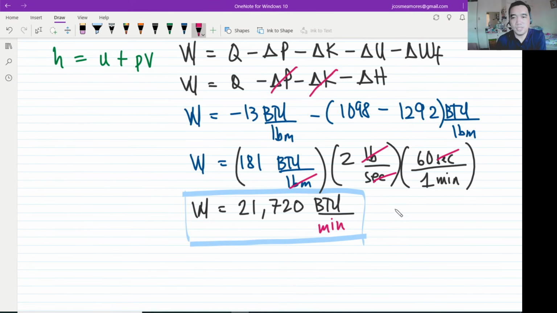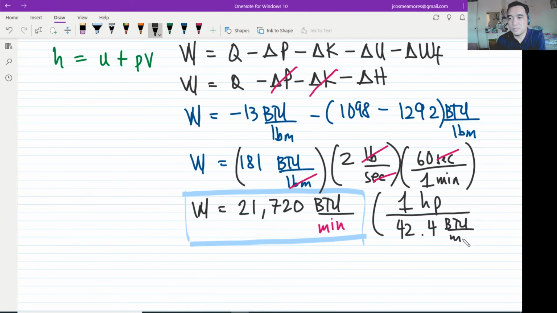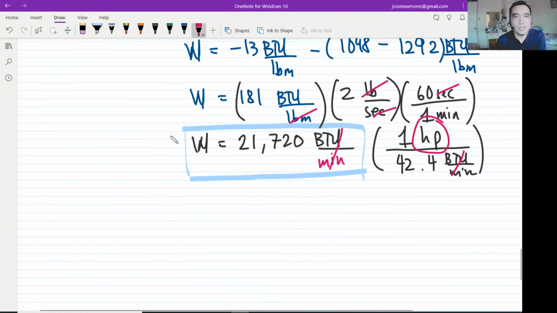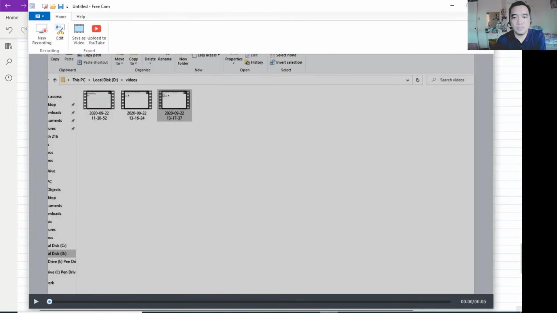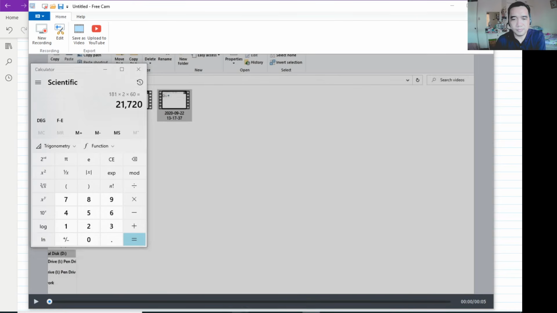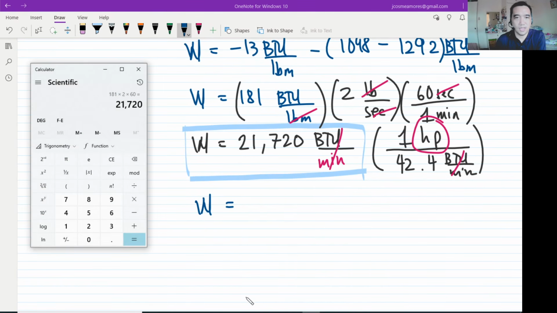How about the work in horsepower? Again, we will convert, so multiply by 1 over 42.4. Horsepower would be left. For the work in horsepower, we simply divide the answer by 42.4.